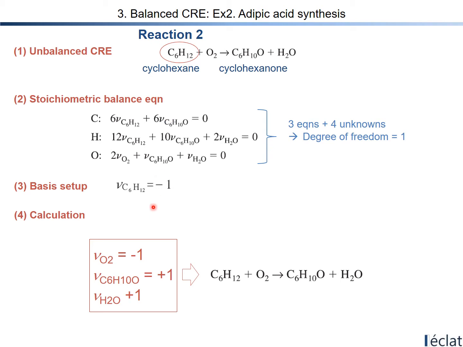So you should write down nu of C6H12 is equal to 1, but it should be -1 because cyclohexane is the reactant. And then right now 3 equations plus 3 unknowns. Then you can calculate these equations, the multiple equations with multiple unknowns. Then the final result is like that, and this is the balanced equation.